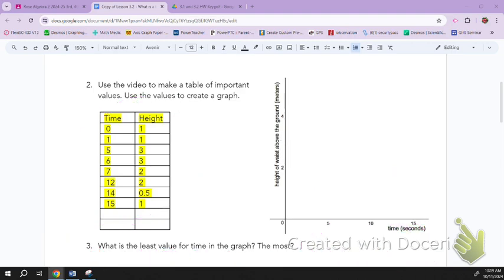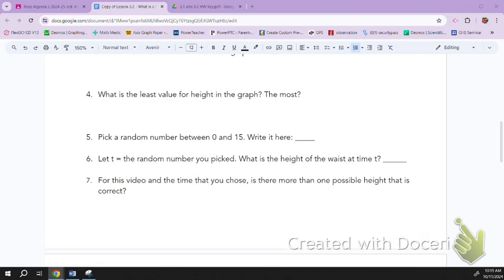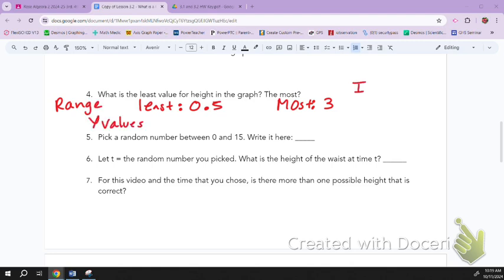Number 4, we're looking for the least value for the height. What's the smallest value for the height? 0.5. Yeah, 0.5. What's the most or the greatest value? Yeah, it's going to be 3. And what we're describing right now is our range. And these are our y values. And we are going to, again, use interval notation, except this time, instead of putting x in between, I'm putting y.